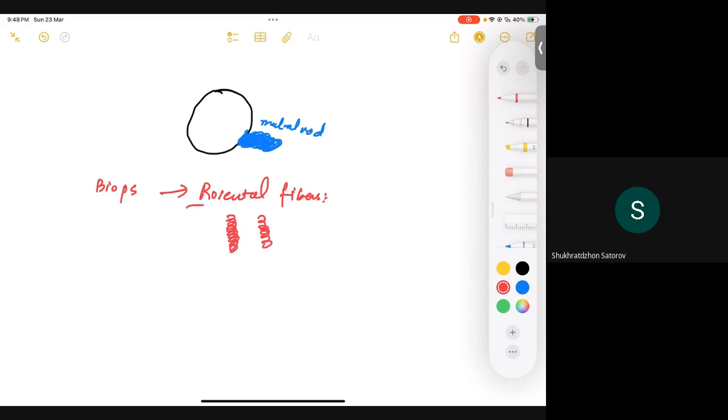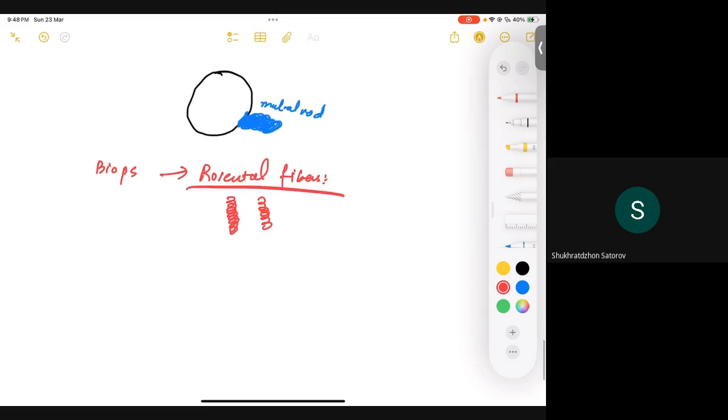A corkscrew is very specific. So in your exam you are going to have an MCQ: corkscrew shape, eosinophilic, that is, appearing pinkish and corkscrew-like. So they are basically known as Rosenthal fibers. Is that clear? And again, these cells are also going to be GFAP positive.